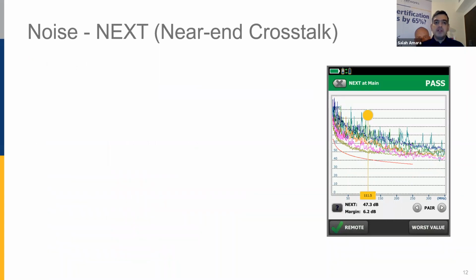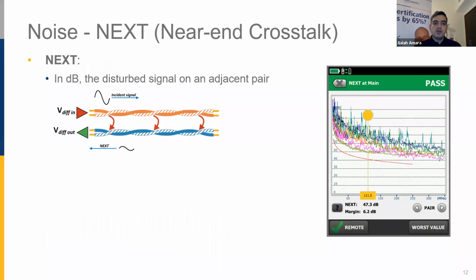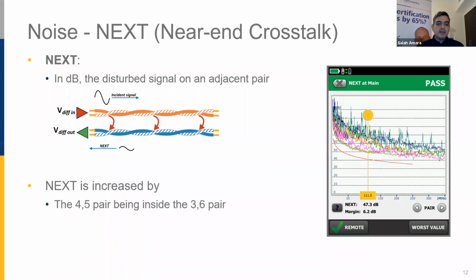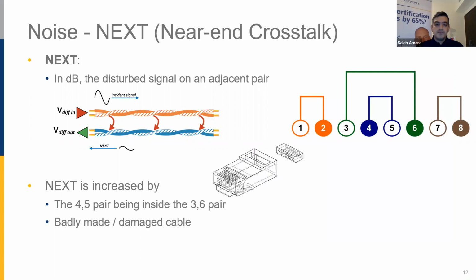Another measurement for noise is what we call near-end crosstalk. What is near-end crosstalk? If we have two pairs, it is the distributed signal on adjacent pairs. From one pair to another, we are losing some signal, and that's what we measure as near-end crosstalk. The NEXT is increased by the 4-5 pair being inside the 3-6 pair, as you can see here.